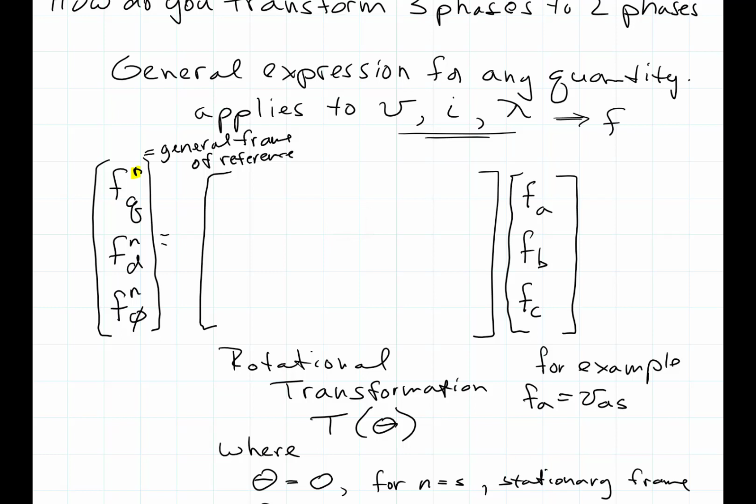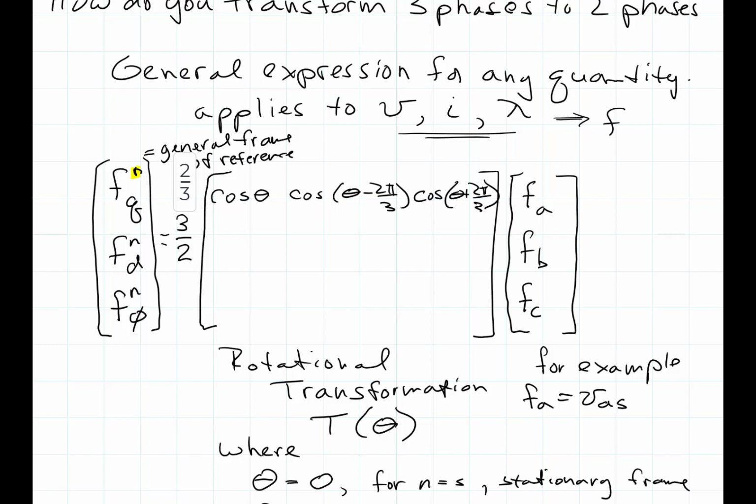There are different approaches that people take to using this multiplier. I use this one. And then the top row of the matrix is cosine θ, cosine(θ - 2π/3), cosine(θ + 2π/3).